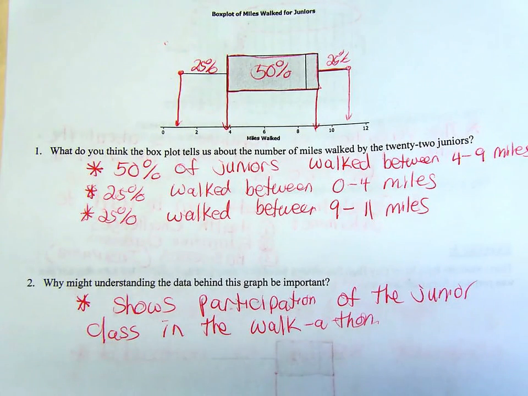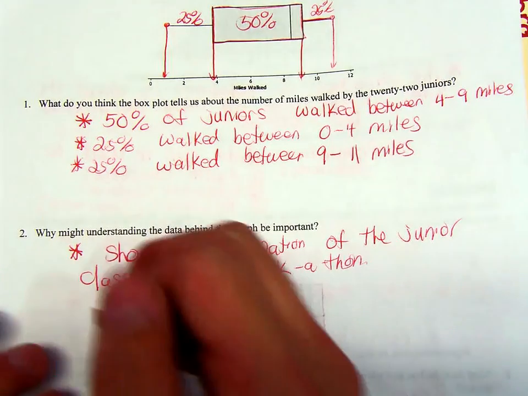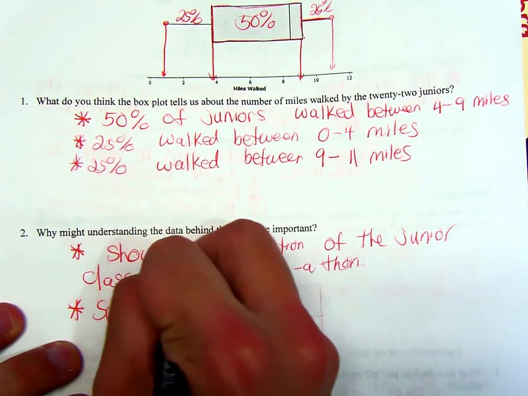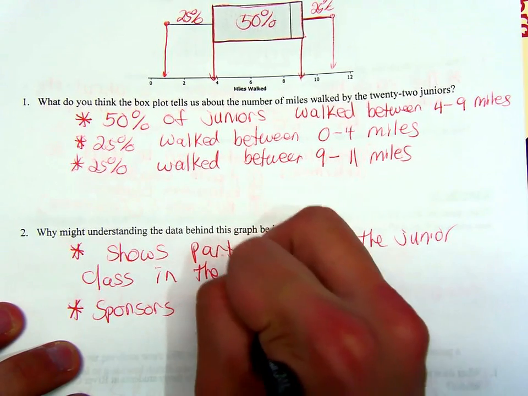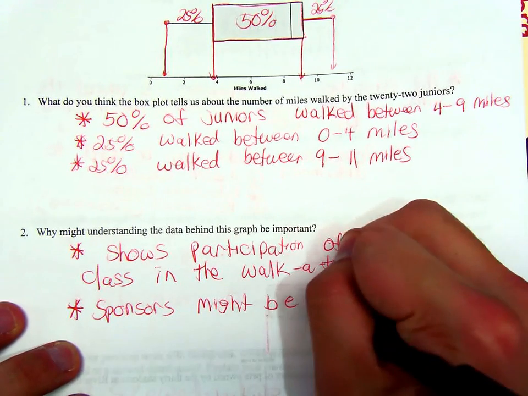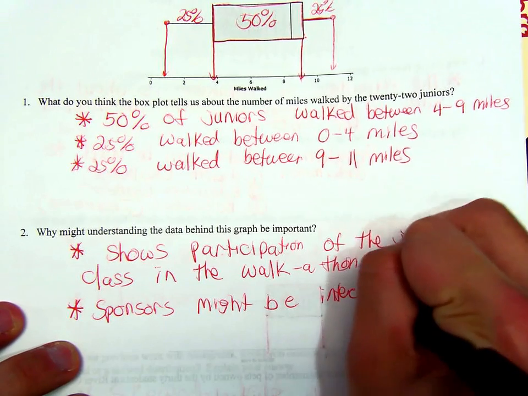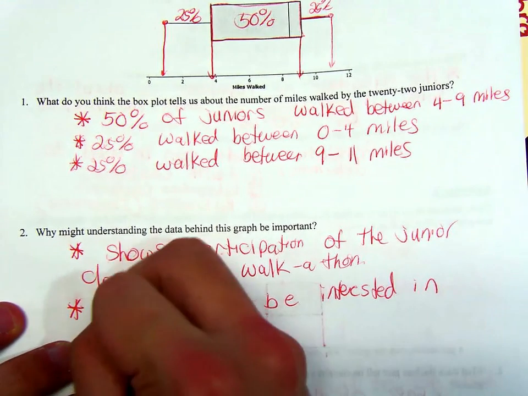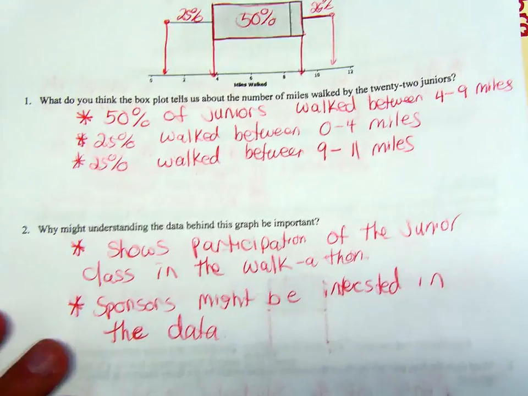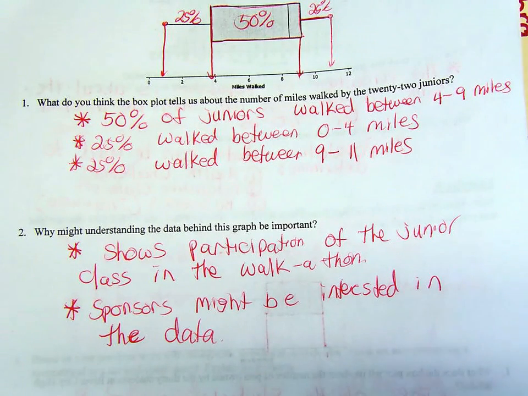And when you have a walkathon, you also have sponsors. You have people that donate money to you for your walk. So those sponsors also might be interested in the data, or in how the juniors participated.